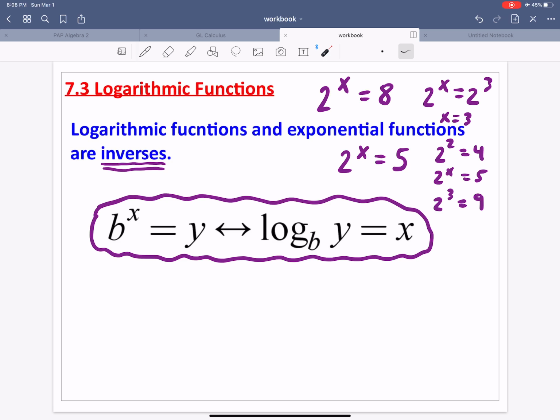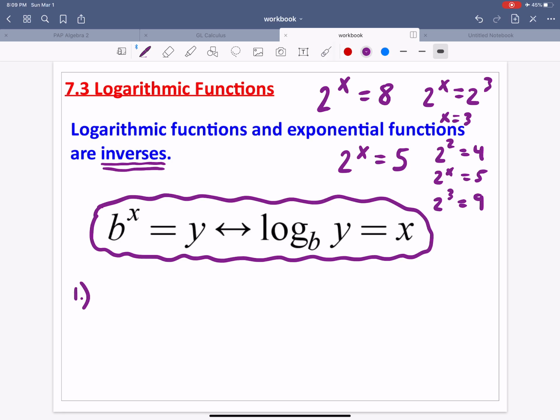When we convert it to a log, here's how you're going to write it. You're going to write log base b of y equals x. Notice how the bases here and here will always be the same. Now, I have heard and seen several really good ways to remember this relationship here.